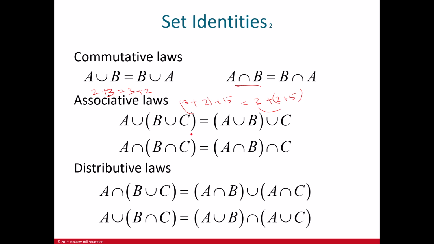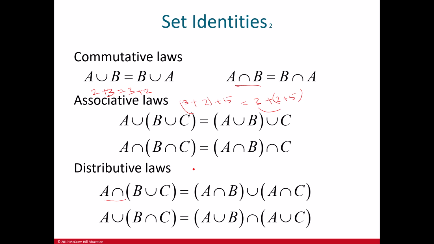The same thing goes for the intersection operation. And here it involves a little bit more thinking, which is the distributive law. It really says that intersection can be distributed over union, and the union can also be distributed over the intersection.